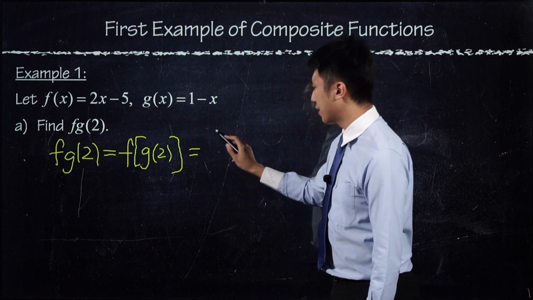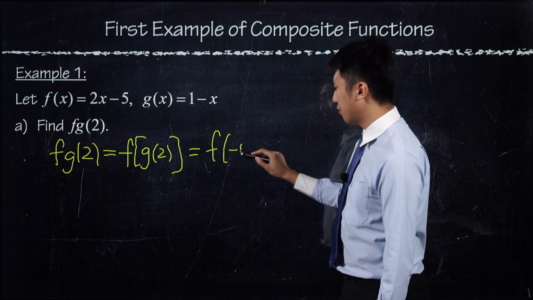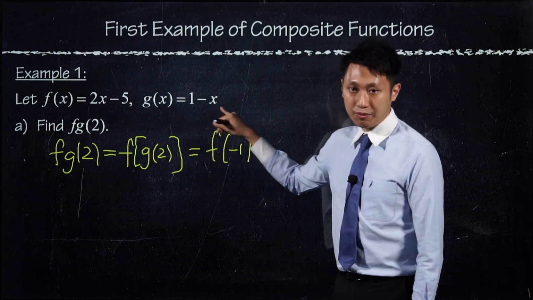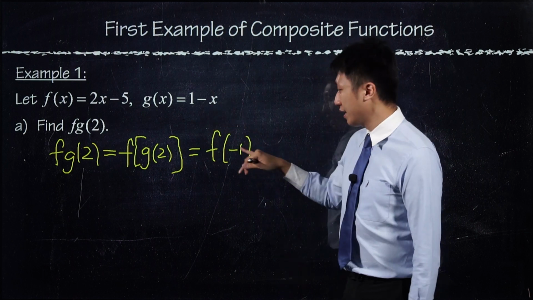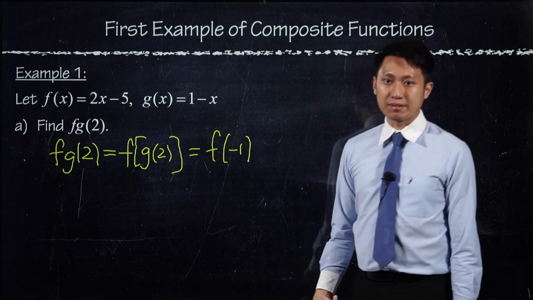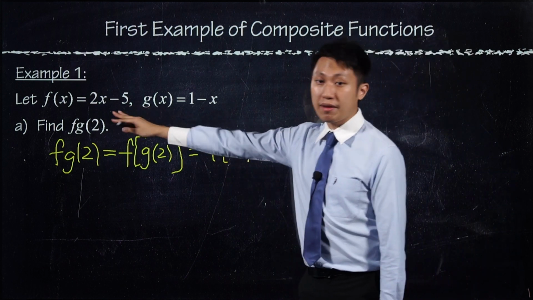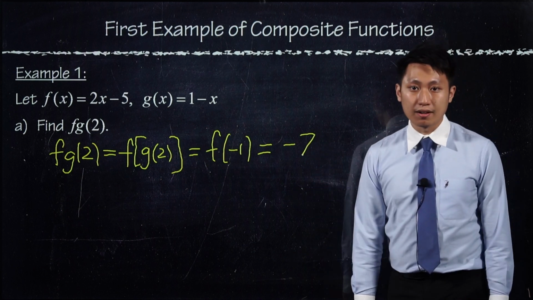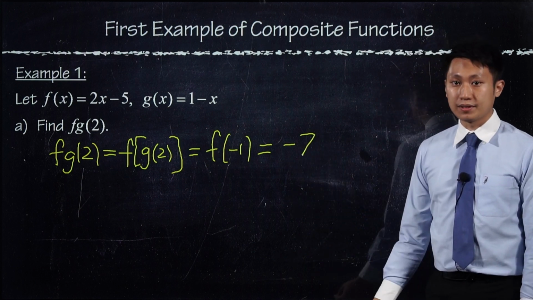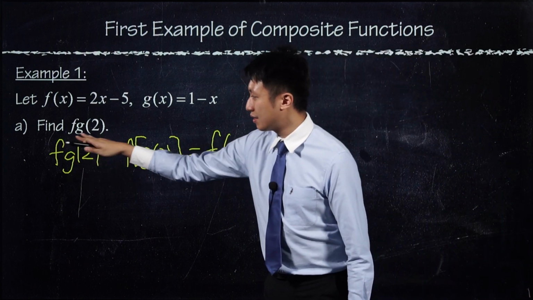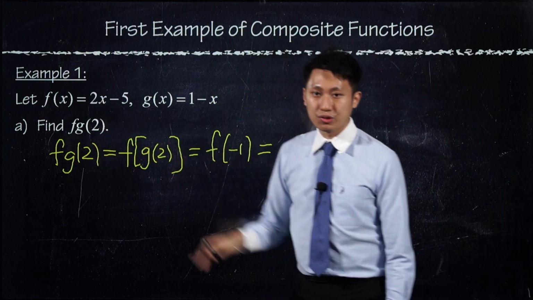So this gives f of bracket negative 1. What's f negative 1? Sub negative 1 here, so it's 2 times negative 1, negative 2, minus 5 again, so it gives negative 7. That's your answer. Simple, right? Just sub inside first, g2 first, then f of g2.